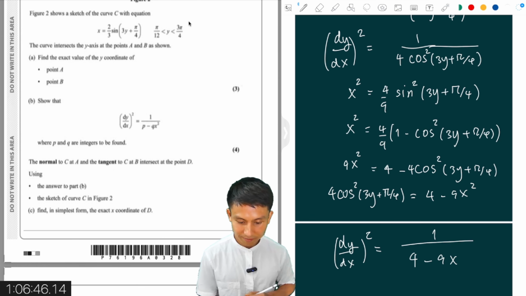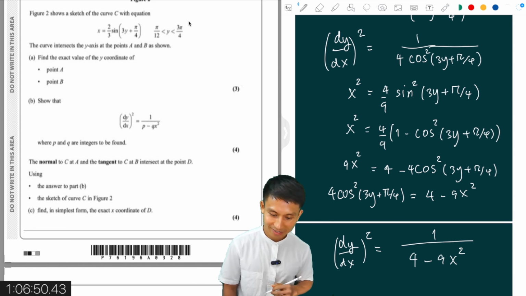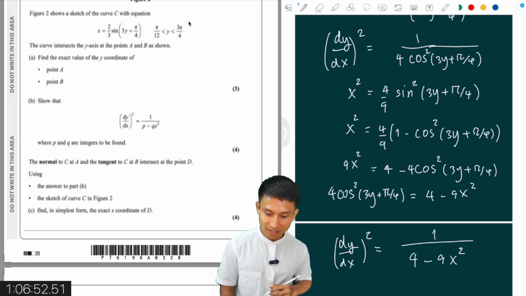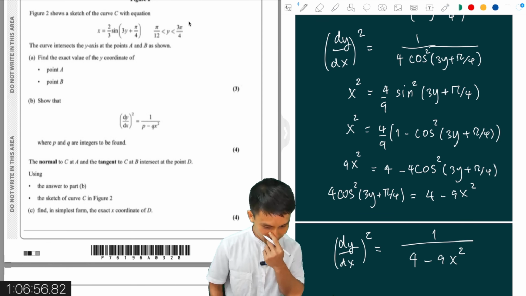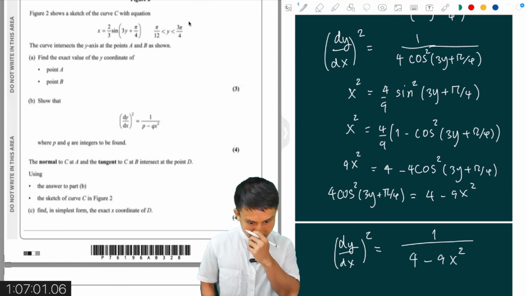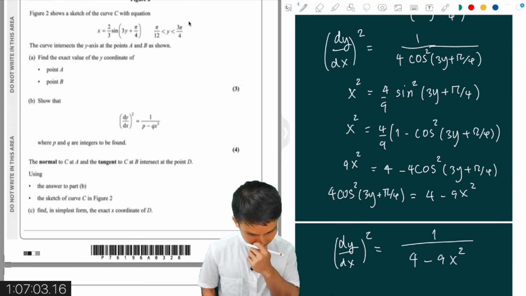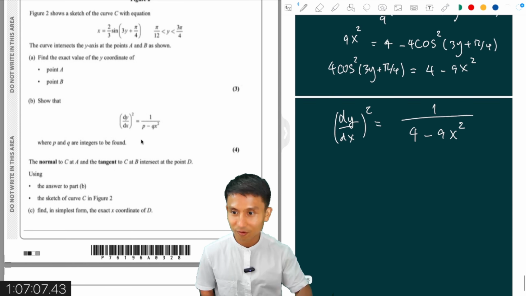I think I'm fine. Square here. I'm very careful, guys. Okay, I think I'm happy with this. I got the same form there.